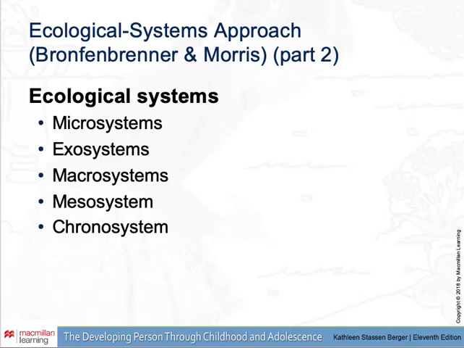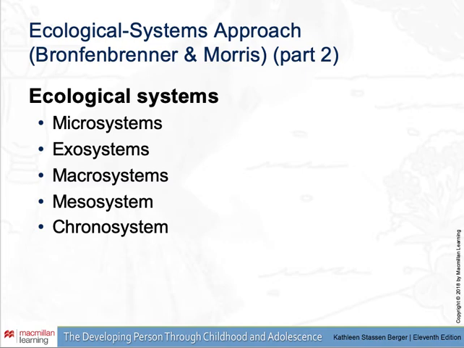All right, and in this approach there are ecological systems, and they are listed as such. There are microsystems. These are elements of a person's immediate surroundings, such as family and peer group. The next system is exosystems. These are local institutions, such as school and church. Then there are macrosystems.